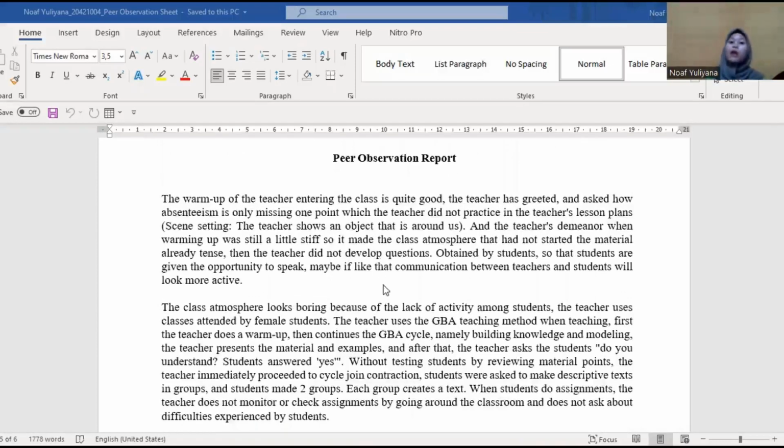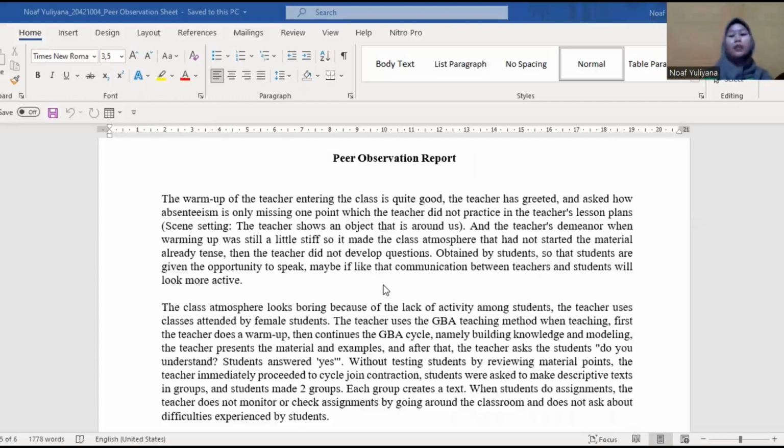Okay, the warm-up when the teacher enters the class is quite good. The teacher greets and asks about absenteeism, only missing one point which the teacher did not practice in the lesson plan, the same setting, where the teacher shows an object that is around us.